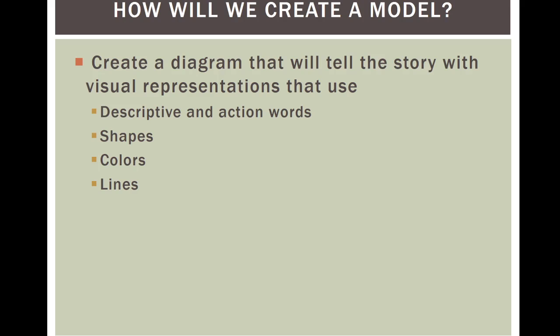And so, on some things we're going to use action verbs. Others we're going to use adjectives. All right. Shapes mean different things. Colors can mean different things, and lines can mean different things, depending upon which model that we're using. And so this slide is just kind of a heads up to you that as we are going through this, it's not haphazard.